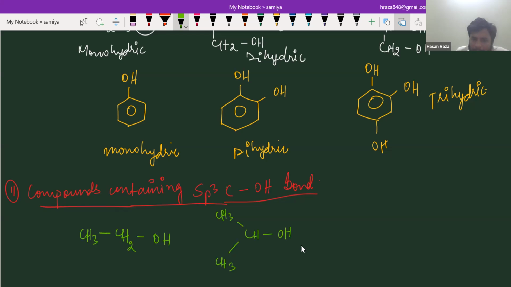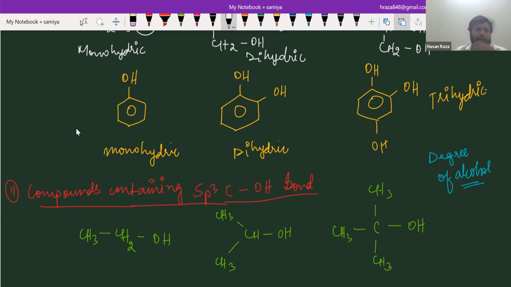And again, this is carbon, this is OH, this is CH3, CH3, and CH3. So you can see there will be degree of alcohol. We are going to see degree of alcohol.